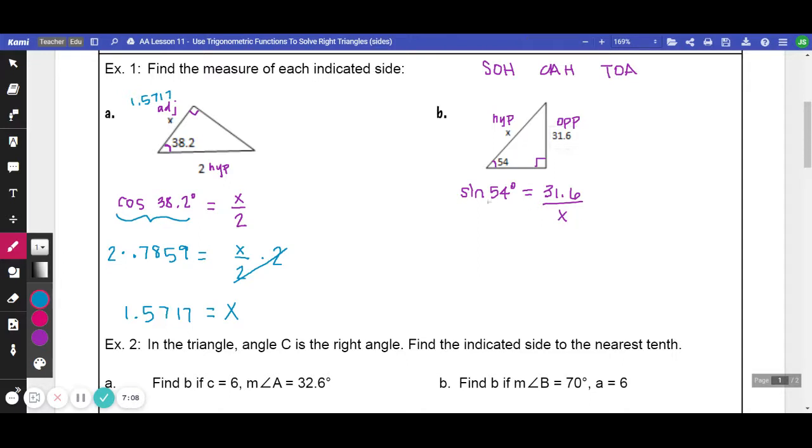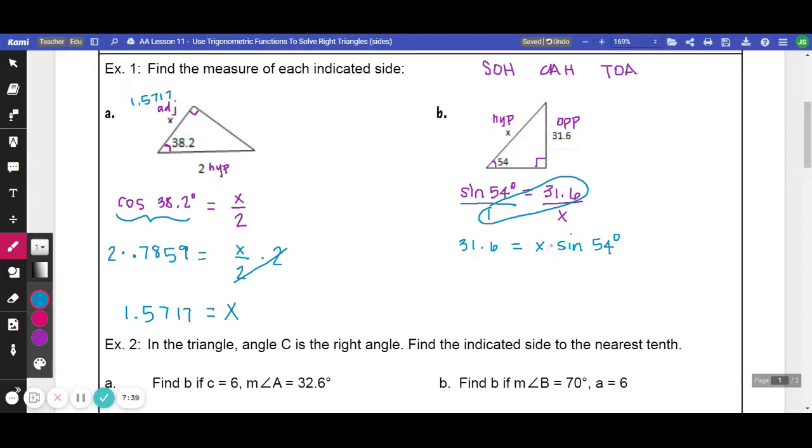So that does not work. The easiest way, I think, for people to do it is to cross multiply. So put this over a 1, and we're going to cross multiply. We get 1 times 31.6, which is just 31.6, equals x times sine of 54 degrees.